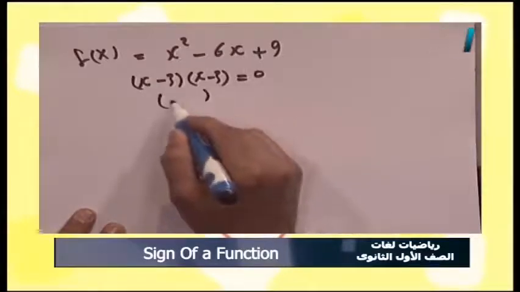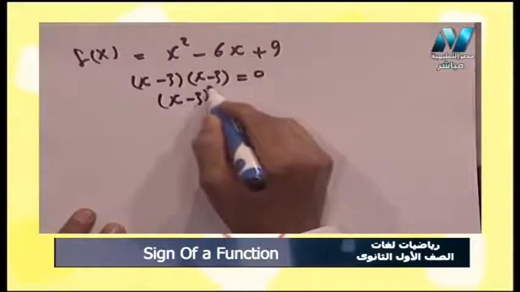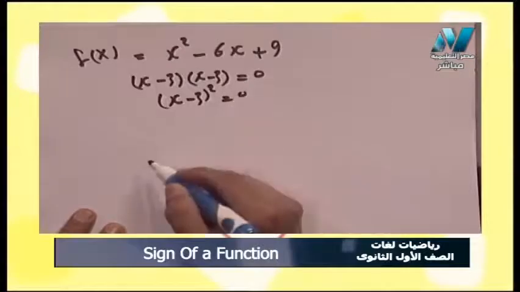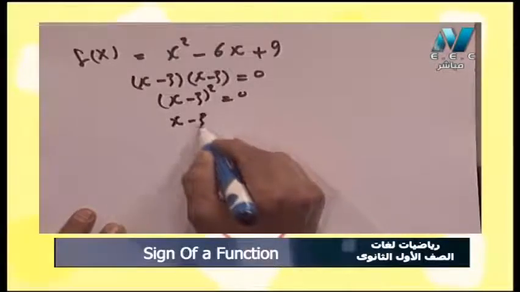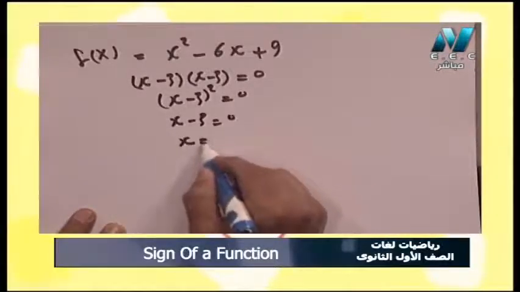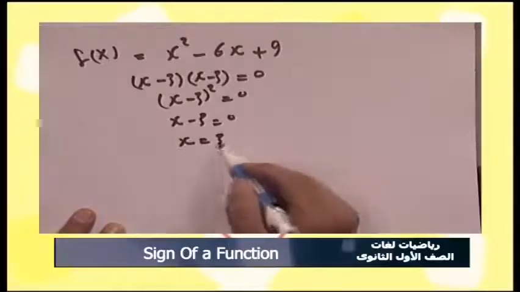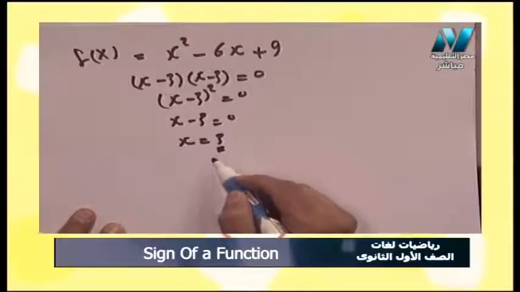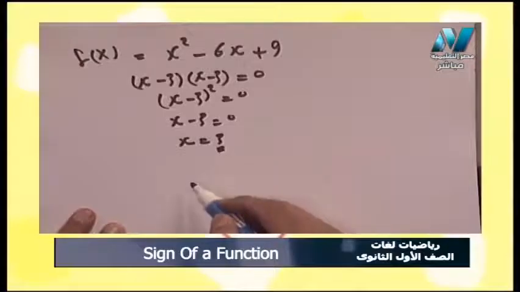Or we can write it as (x minus 3) all power 2 equals 0, so x minus 3 is 0, so x equals 3 only, or it has two equal roots.